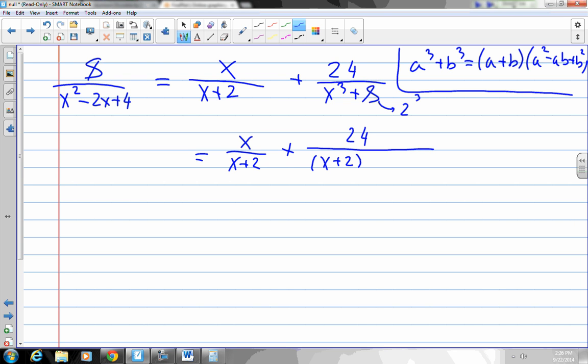The next parenthesis is a squared, which is x squared, minus ab, the product of 2 and x, so minus 2x, and then plus b squared. b was 2, so 2 squared equals 4. So x cubed plus 8 factors into x plus 2 times x squared minus 2x plus 4. Okay?